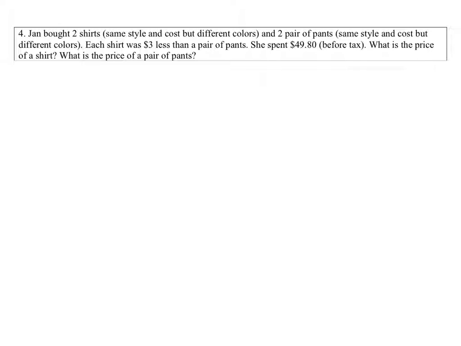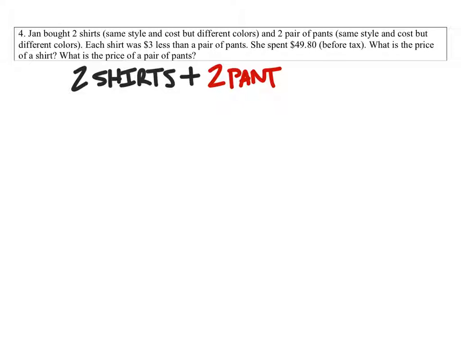Well, a couple things up in here. We know that she's going to purchase 2 shirts, and then she will purchase also 2 pants. And when we add these two together, we should get the total, which was $49.80.